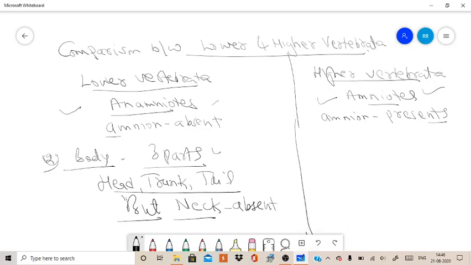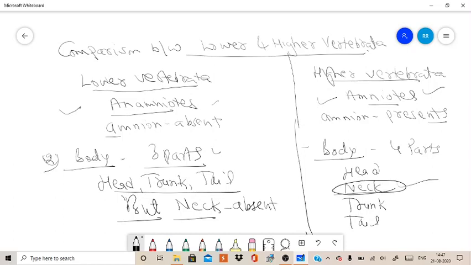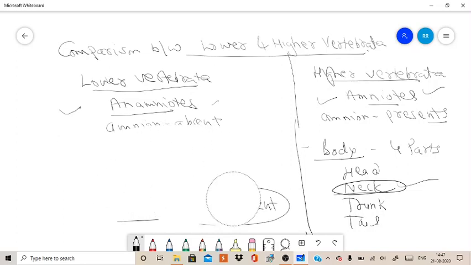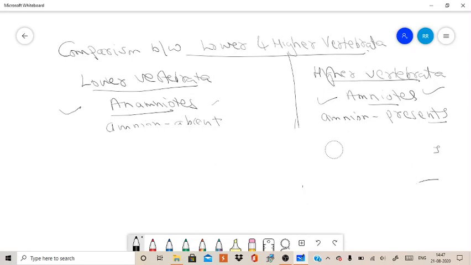Then in amniotes the body consists of four parts, that is head, neck, trunk and tail. So this is an addition here, which is absent in anamniotes. So this is the body of anamniotes and amniotes.